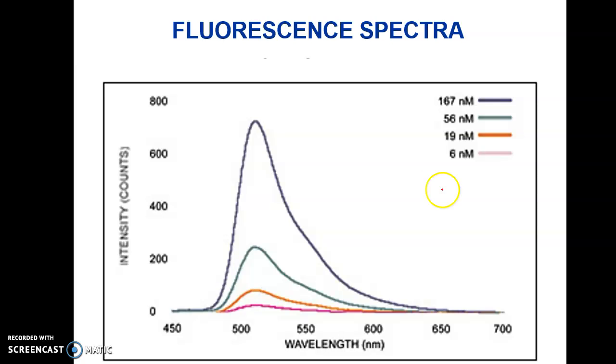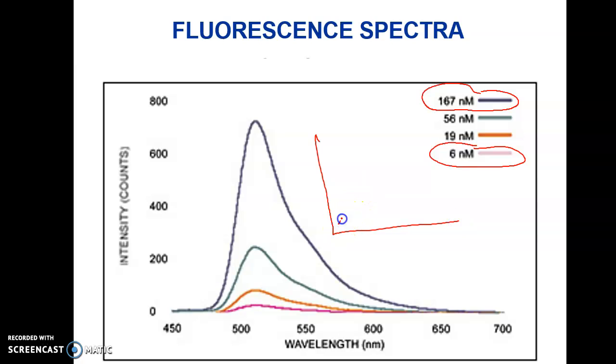Okay, you see that the fluorescence spectra increase from very dilute concentration up to more concentrated. But as I mentioned before, it is linear only up to a certain concentration. The same thing, it will reach a plateau or even go down because of collision.